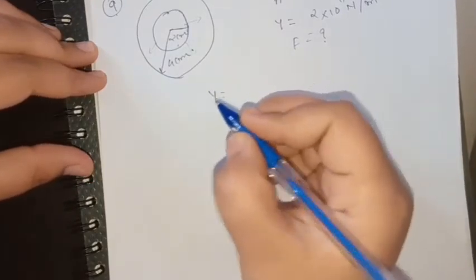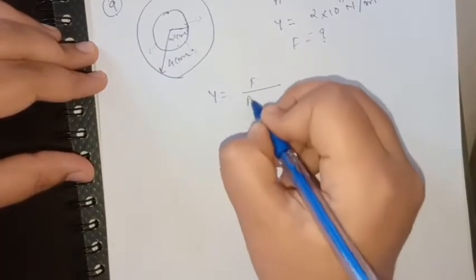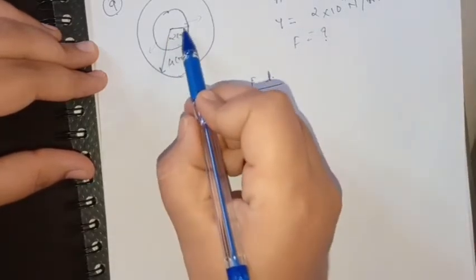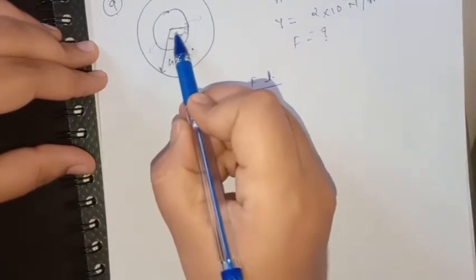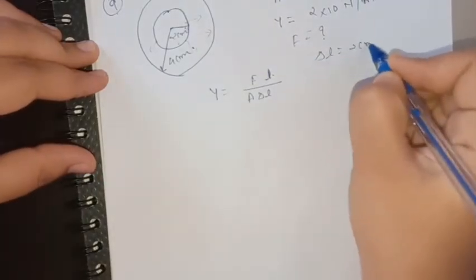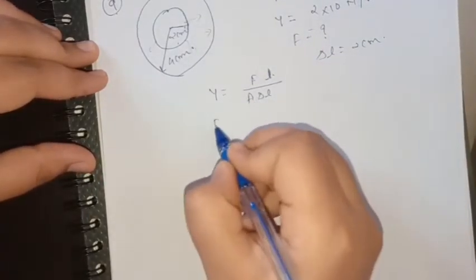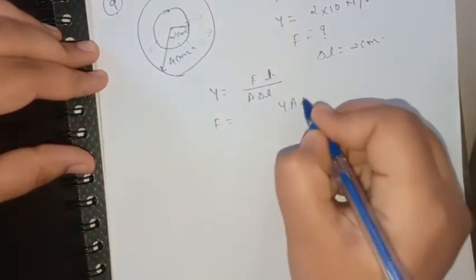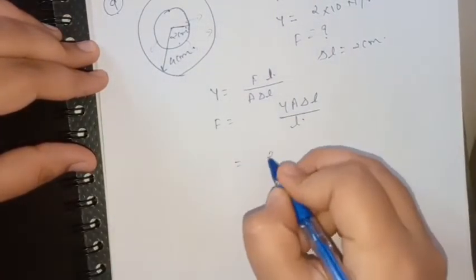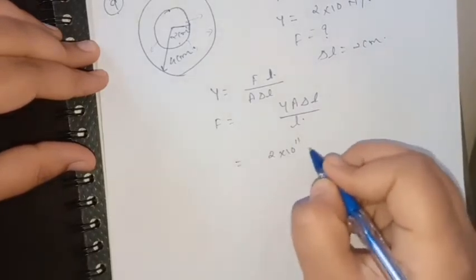Young's modulus Y can be written as force divided by A into delta L by L. Here originally the radius of ring was 2 cm and we have to make it 4 cm. So delta L will be 2 cm. So F can be written as Y A delta L divided by L. Y is given 2 into 10 power 11.